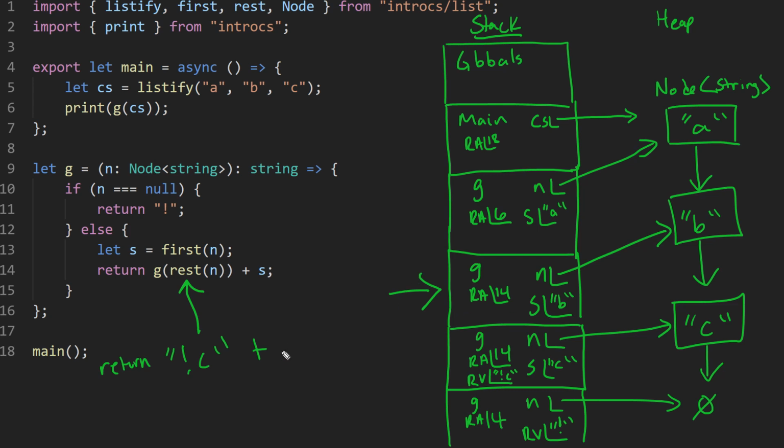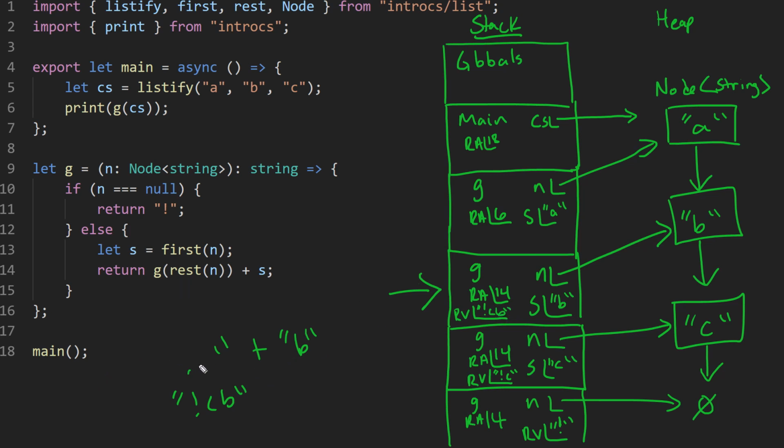In this frame, that value is the string b, so the string b is going to be concatenated onto exclamation point c. So the return value evaluates to exclamation point CB. Let me write that in here. The return value of this frame is exclamation point CB.